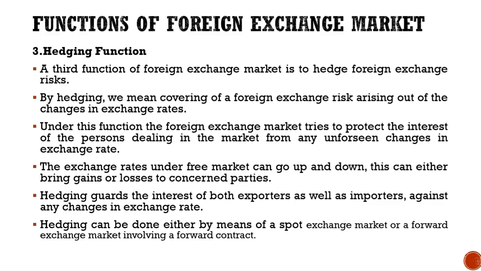Now after 1 month, even if the rate increases to 72, you will only pay $1 equals 71 as stated in the forward contract. So by these two methods, hedging can be done, which helps you safeguard against fluctuation.